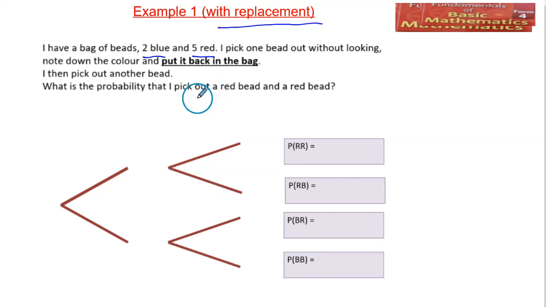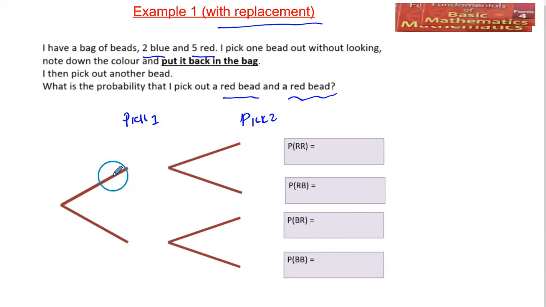Okay, so let's show all our outcomes to start with, and then work out the probability of getting a red bead and a red bead. Okay, so let's start. I pick 1, that's an event, and then pick 2, that's a second event.